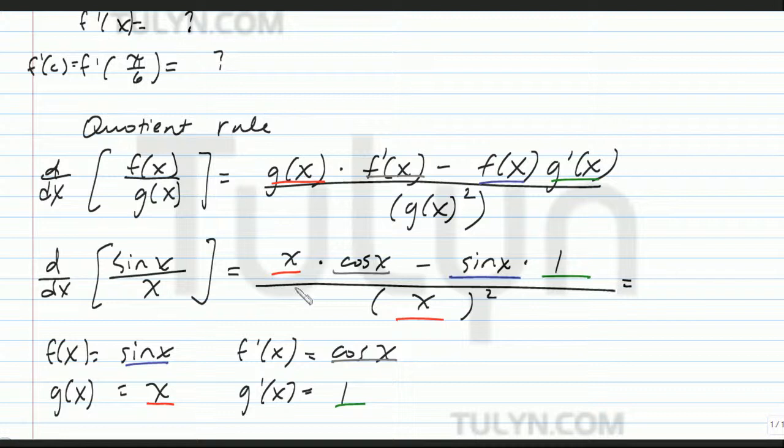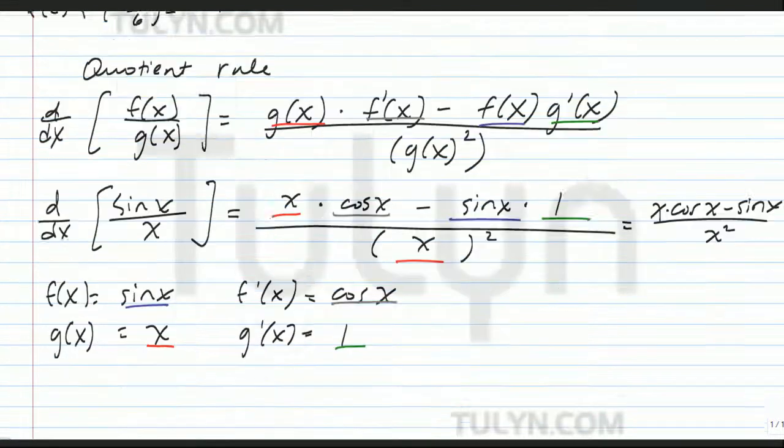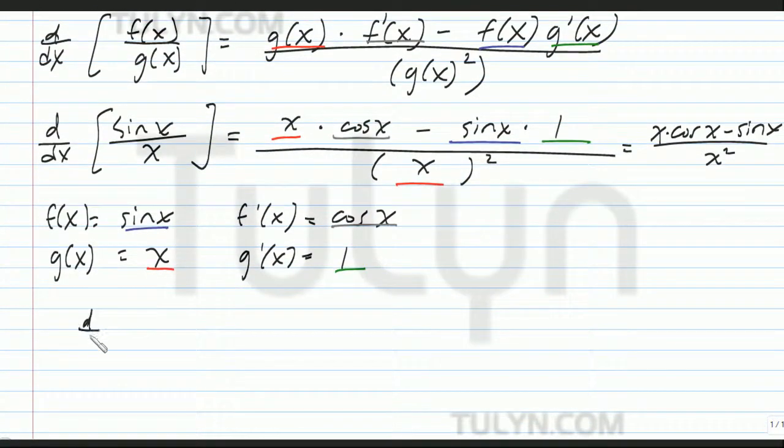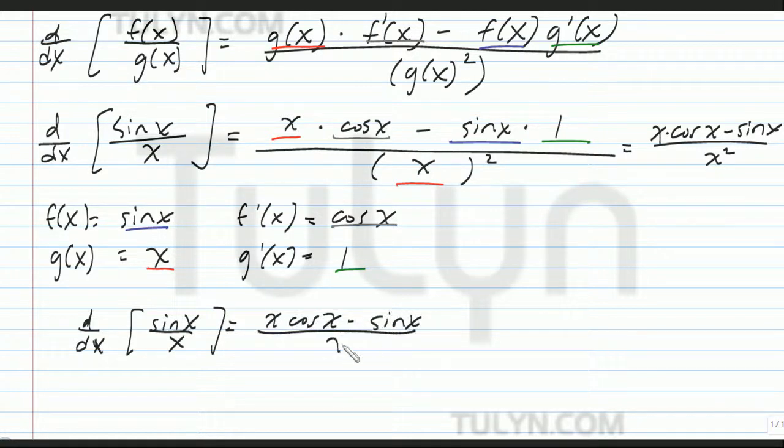So this is going to be x times cosine x minus sine x divided by x squared, and the derivative with respect to x of sine x divided by x is equal to x cosine x minus sine x divided by x squared.